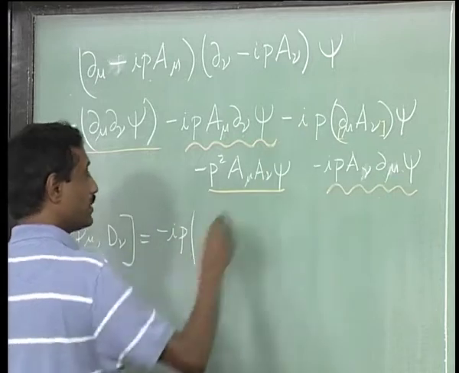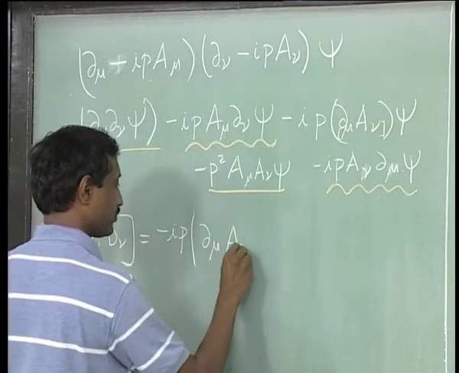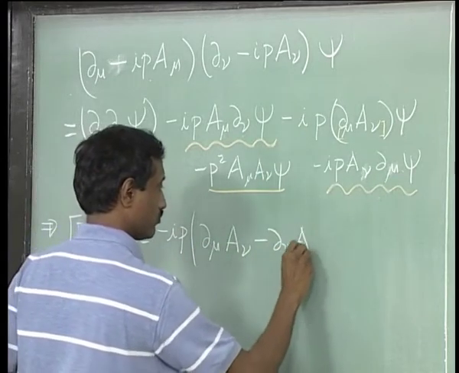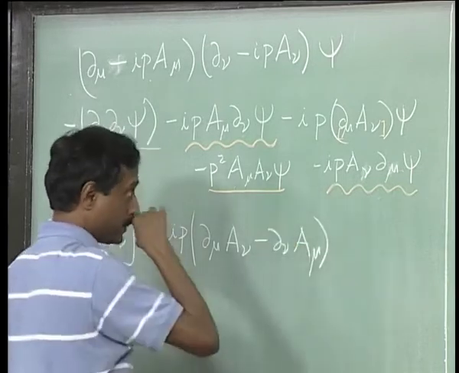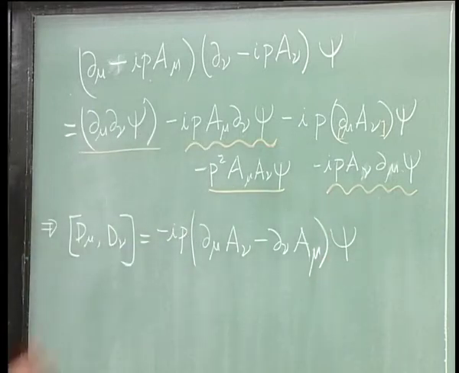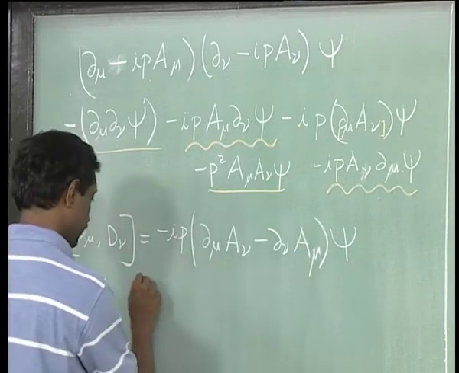and let me now explicitly expand it out. But what is this combination? We have seen this before. It is F mu nu, the electromagnetic field strength.